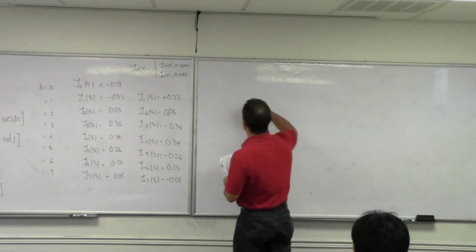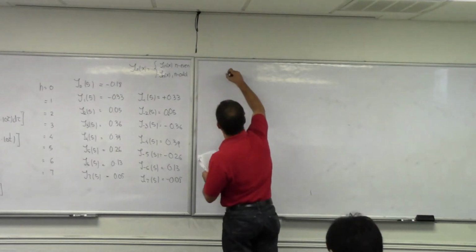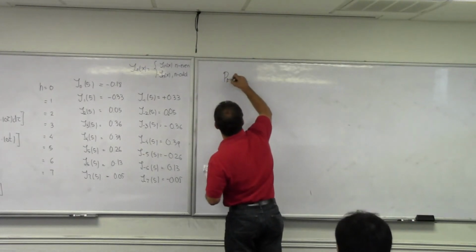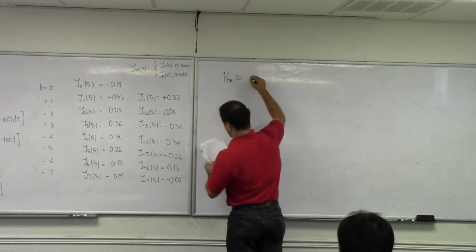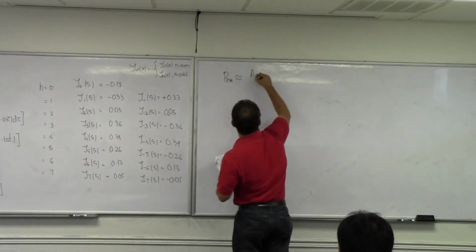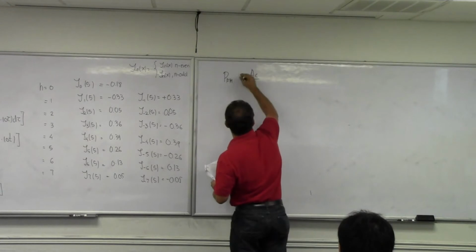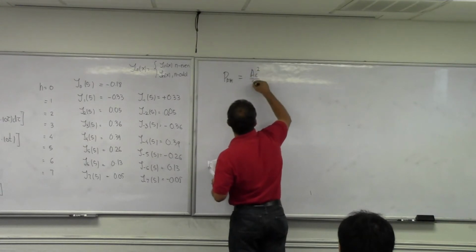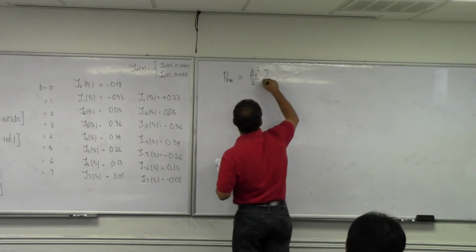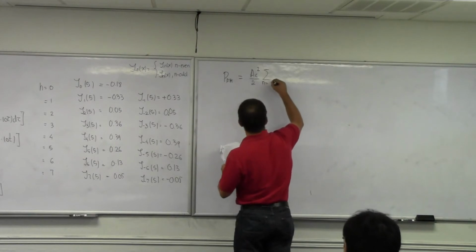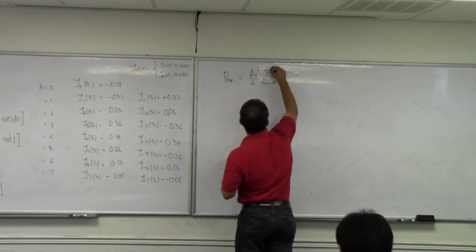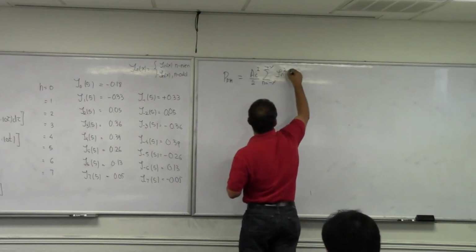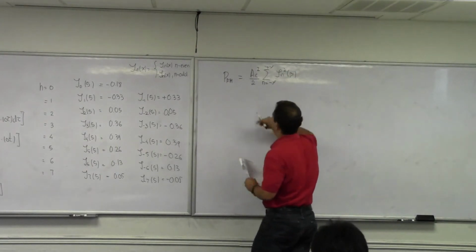Now, in practical applications, I'm going to say something like this: the power of the FM signal is going to be equal to Ac squared over 2 times the sum, when n goes from minus infinity to plus infinity, of Jn squared of beta, right?